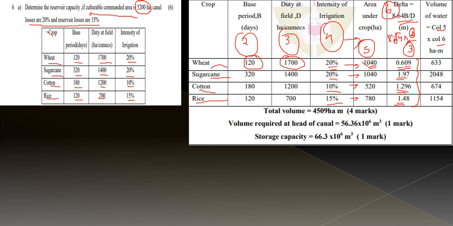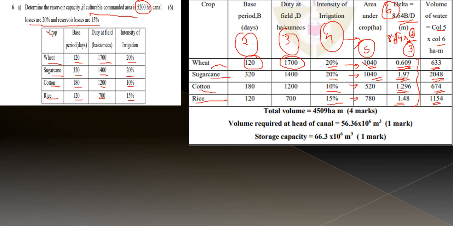So 5 multiplied by 6 will give you the total volume of water in hectare meters. So for wheat, total volume of water required is 1040 multiplied by 0.609, that is equal to 633. Similarly for sugarcane it is 1040 multiplied by 1.97, that is 248. And similarly you have to find out it for cotton and rice.